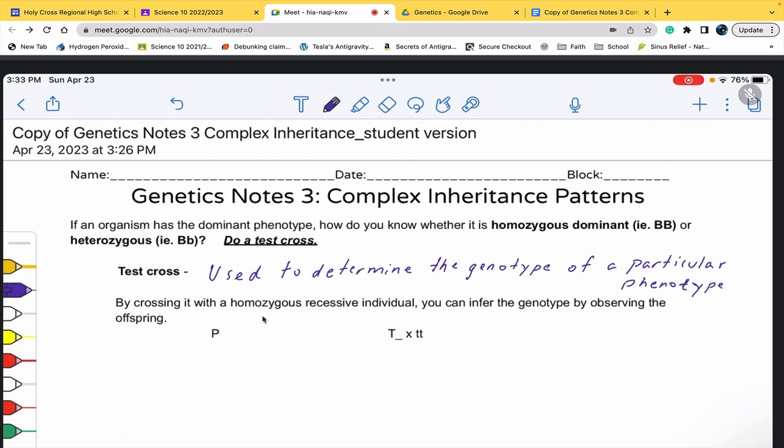In other words, to find the genes behind the physical characteristics of something. Phenotype being the physical characteristics, what it looks like.